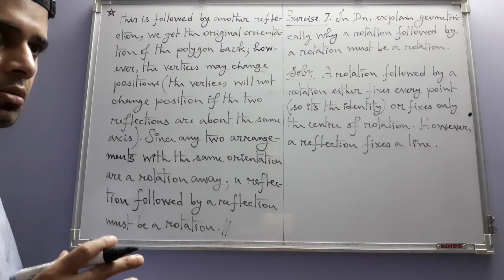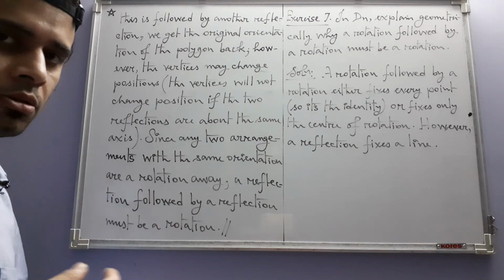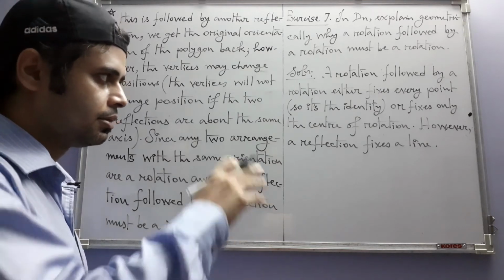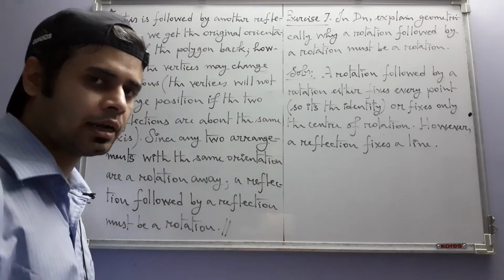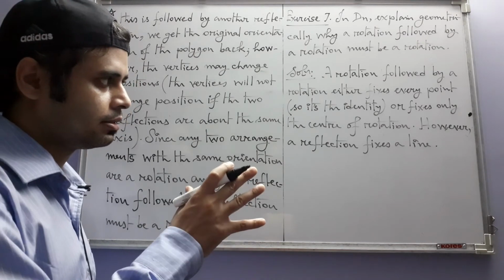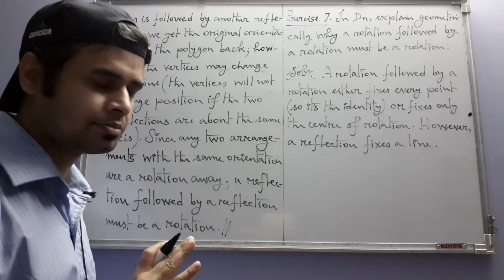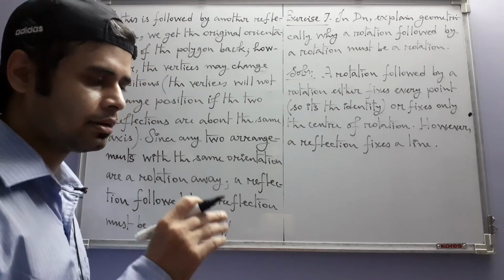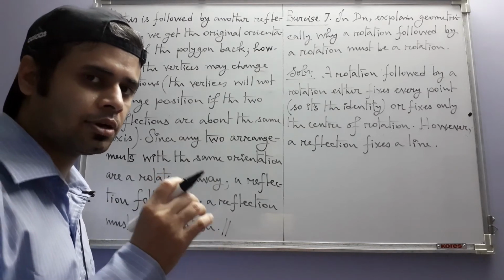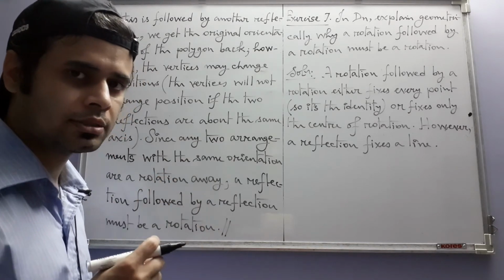So either both of them fix all the points, in which case they together, one after another, if we apply them, then that operation also fixes all the points, or one of them fixes all the points and the other fixes only the center. Then their combination will fix only the center.